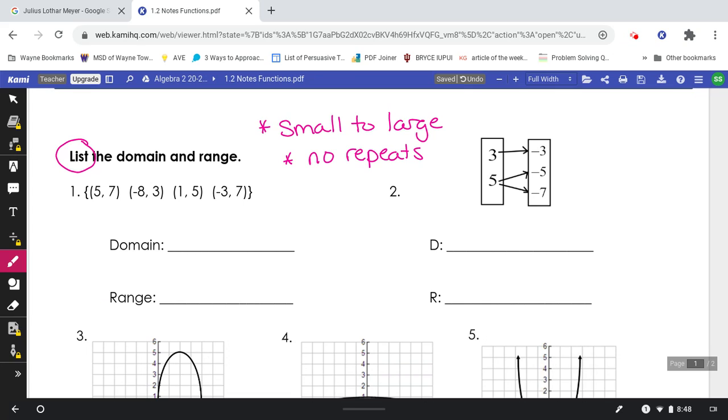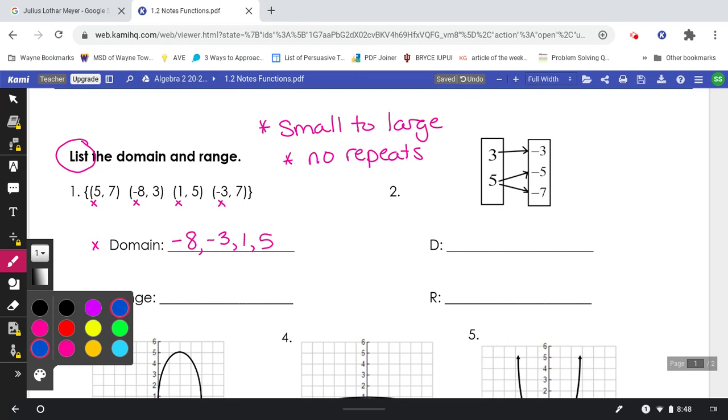Okay, so our first one is a list of ordered pairs. The first one in each pair is the x, so those are going to be our domain. And we write them down in order from smallest to largest. So the smallest would be negative 8, then negative 3, followed by 1, and then 5.